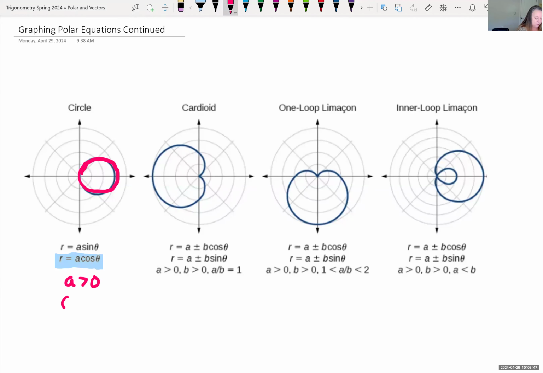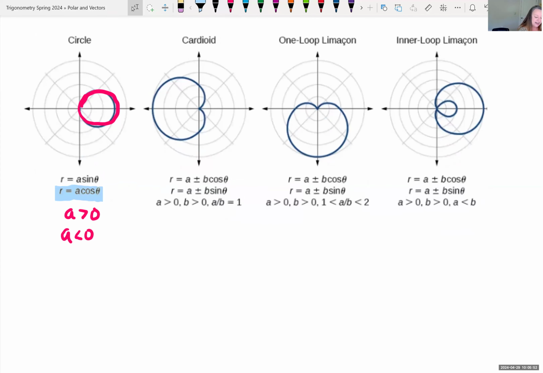If a was less than 0 and it was a cosine graph, it was just a reflection across what looks like the y-axis. So if a was less than 0, then we would have gotten something that looked like this, and it was a cosine graph.